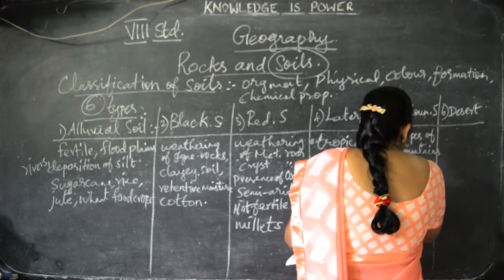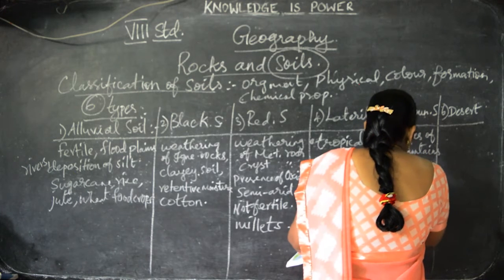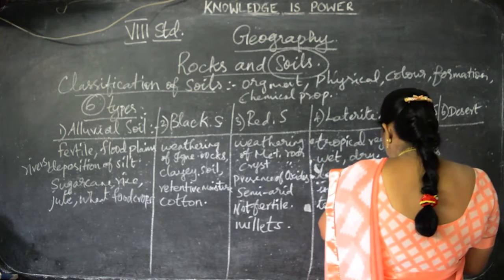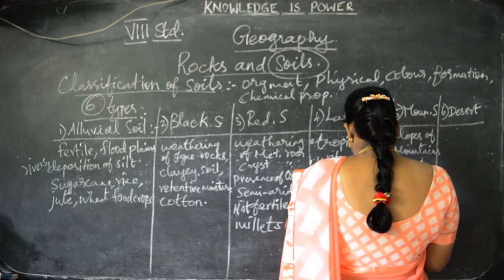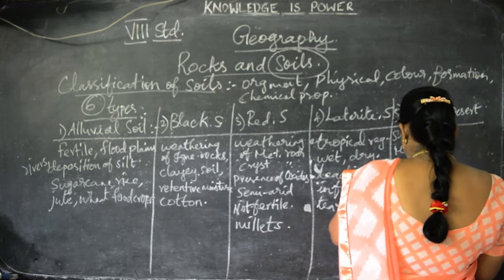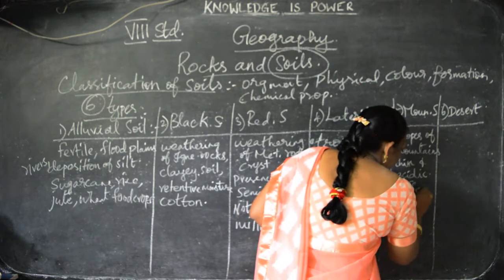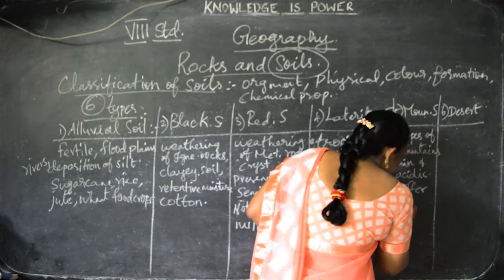These soils are thin and acidic in nature. Understand? However, the soil differs from region to region because of the altitude.